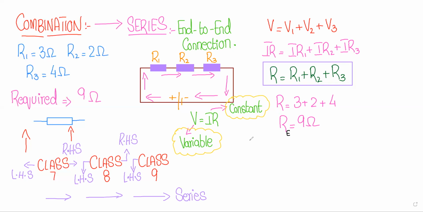So the statement will be like this: in series combination, the effective or the equivalent resistance will be equal to the sum of individual resistance. The equation will be different in parallel combination, but the same formula will apply in series combination.